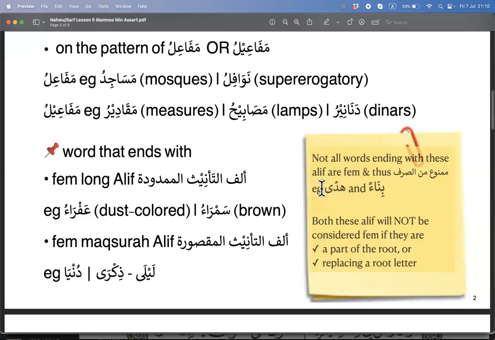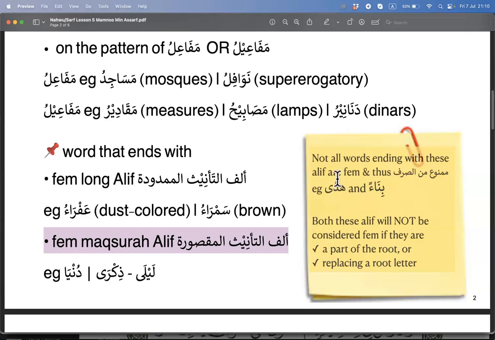So this tells you that this alif is actually part of the root letters, so that's why it's not counted as this. For it to be a feminine kind of alif maksura, there are at least 3 letters before it. If there are only 2, then there's a high chance it's not feminine and not mamnun min as-Sarf.